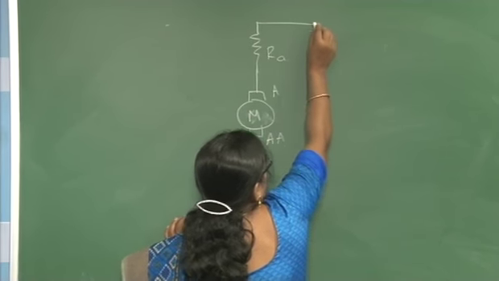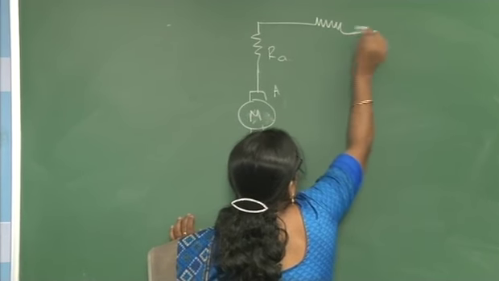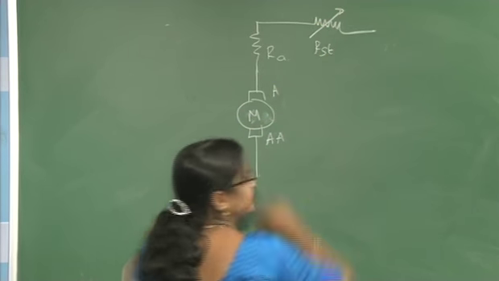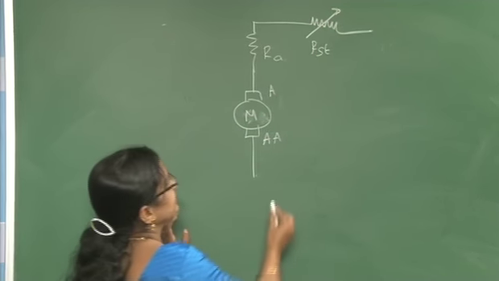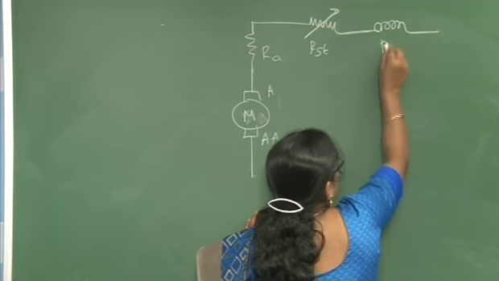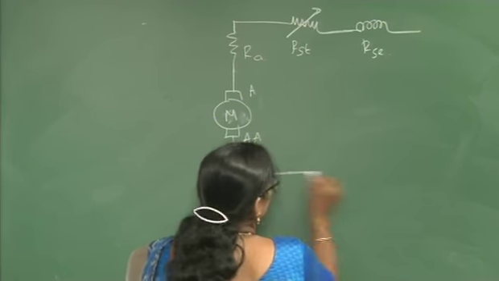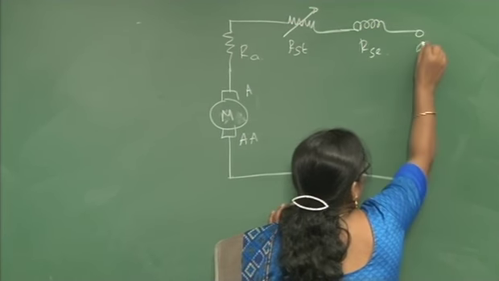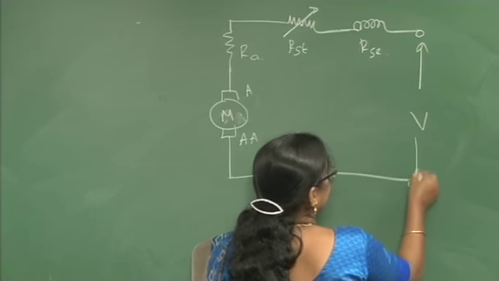And then you connect a variable resistance, this is R starter, in series with this, and also the field winding, this is RSC. This is how you make the connections of the starter in the case of a DC series motor.